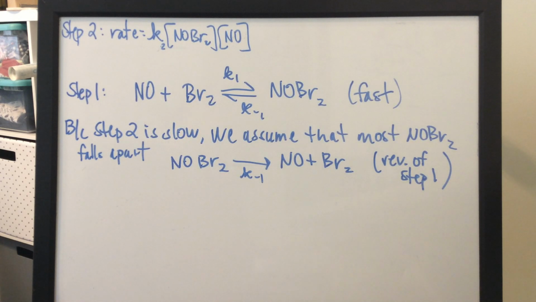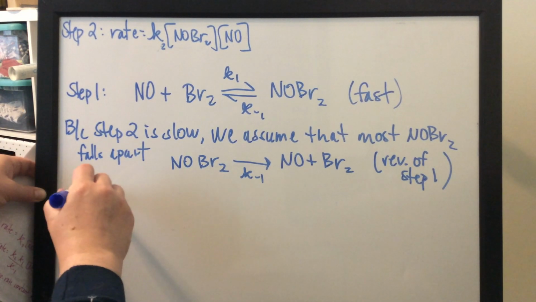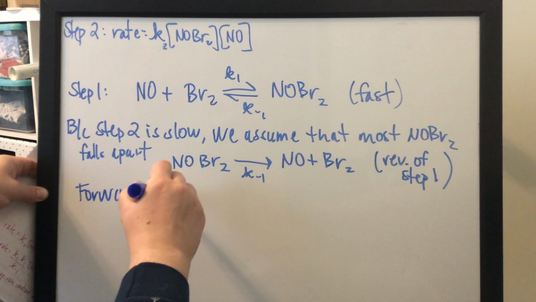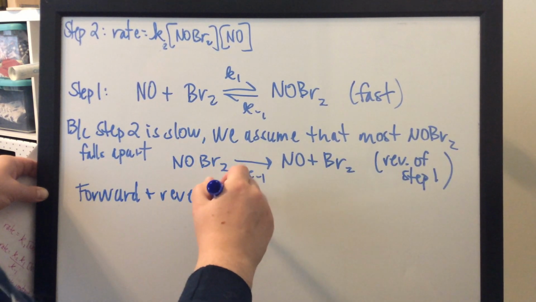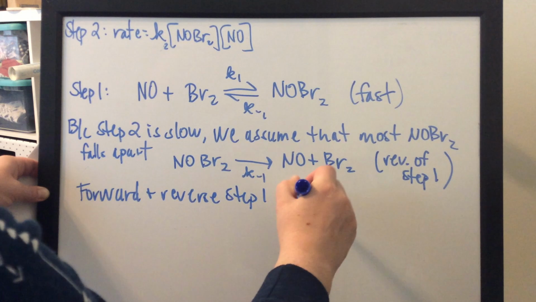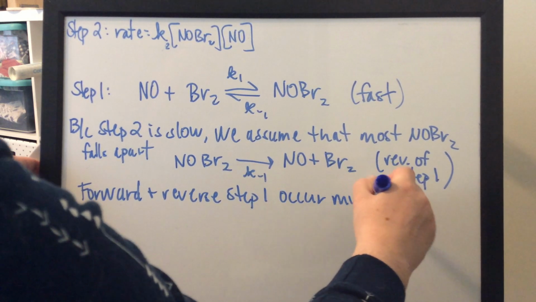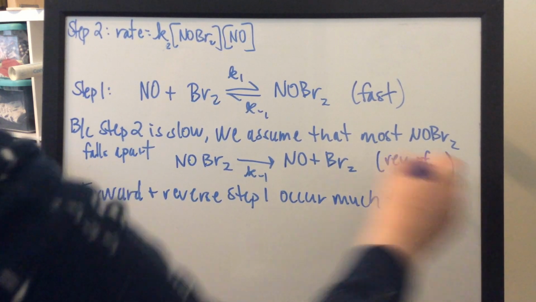So, we keep having these continuing ideas. Because step 2 is so slow, the forward and the reverse step 1 occur much faster than step 2.